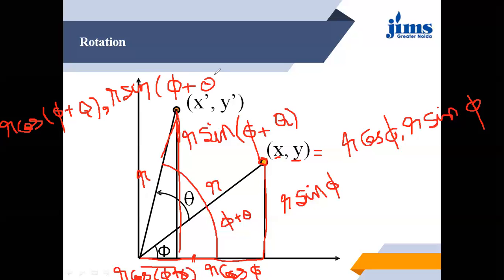So these are the x coordinates and these are the y coordinates.